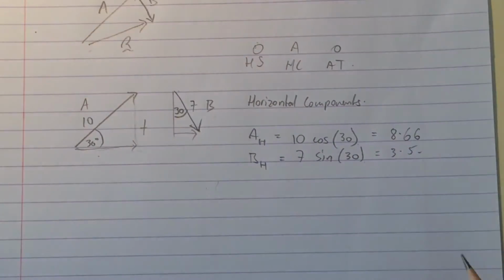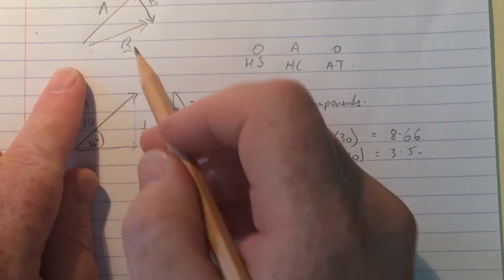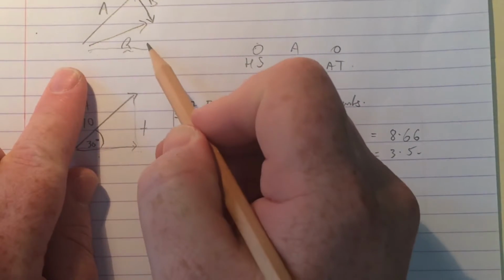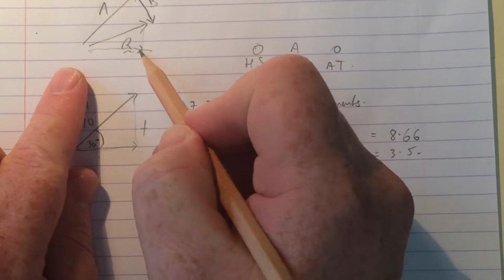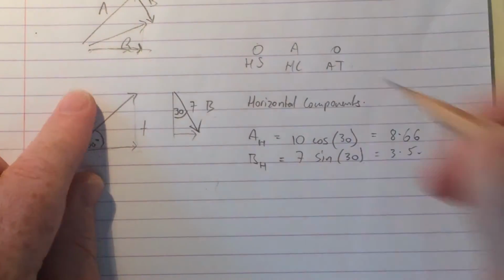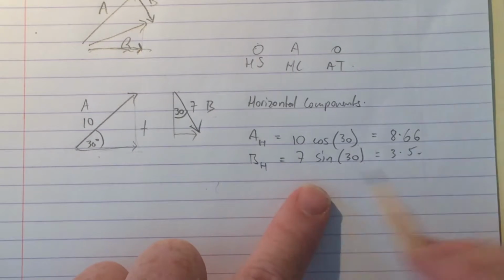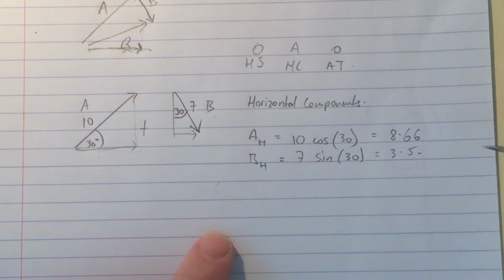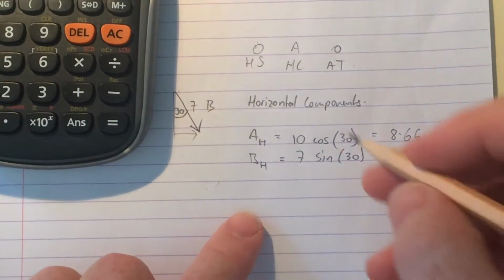So the horizontal component of our resultant vector, that will be this one here, will have a length of 8.66 plus 3.5.